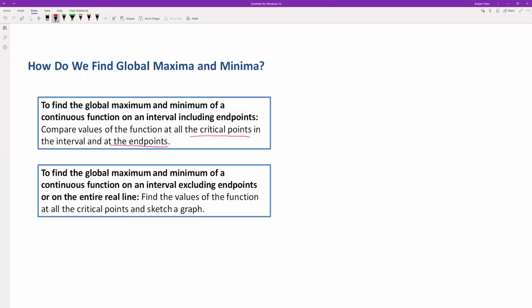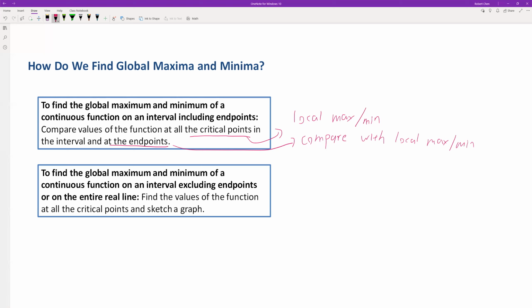We know that the critical points will give us a local max or min, and we just need to add the additional two endpoints to compare with the local max and min. Whichever has the greatest function value out of all these points will be the global max, and whichever has the minimum value will be the global min.